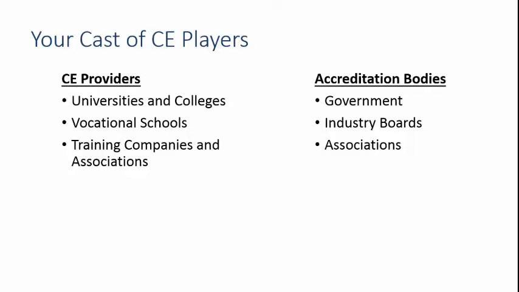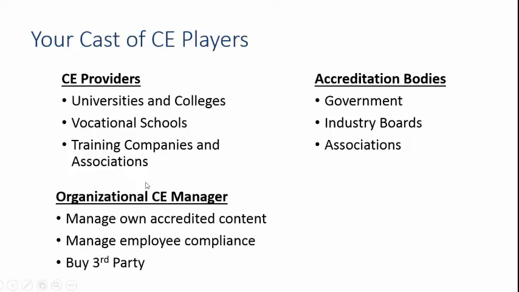In some cases, it could be associations. Some examples: the Royal Australian and New Zealand College of Radiologists, the Joint Commission of Allied Health Professionals, Personnel, and Ophthalmology. There are a million of these accreditation bodies, and they accredit the providers and their content so that we have high-quality content in each one of these industries.